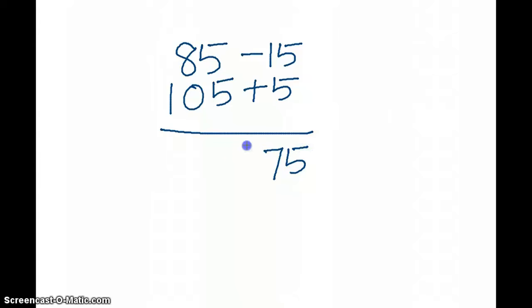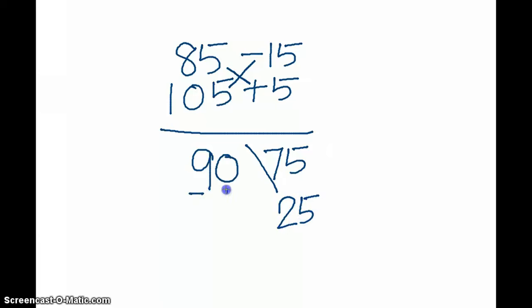Then the next step is either 85 plus 5 or 105 minus 15. Whatever we do, it comes to 90. The next step is to find how much less 75 is than 100, which is 25, and do a minus 1 on this side, which gives me 89. So the answer is 8925.